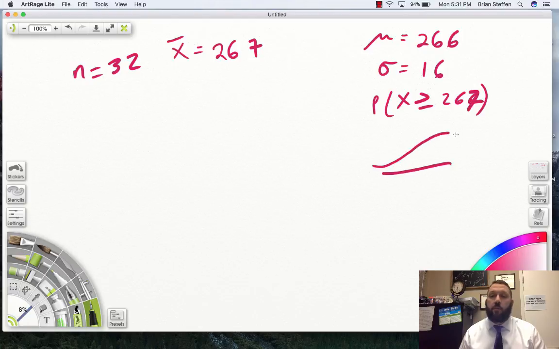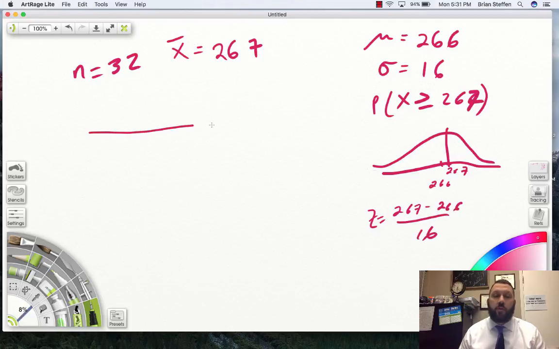Now this came from a problem, and we knew that the parent distribution was normal. So we say, okay, this is 266. There's 267. I do z equals 267 minus 266 divided by 16.